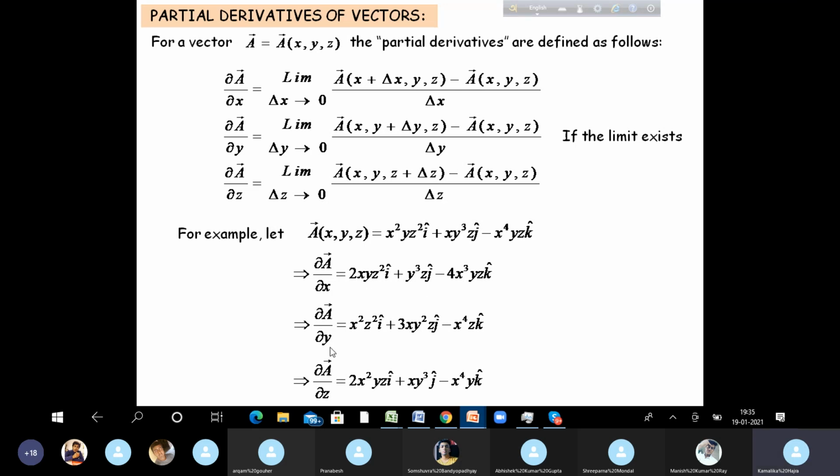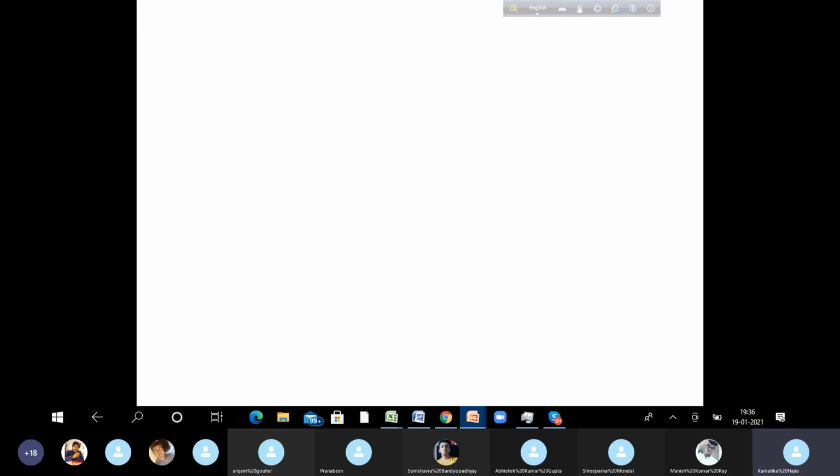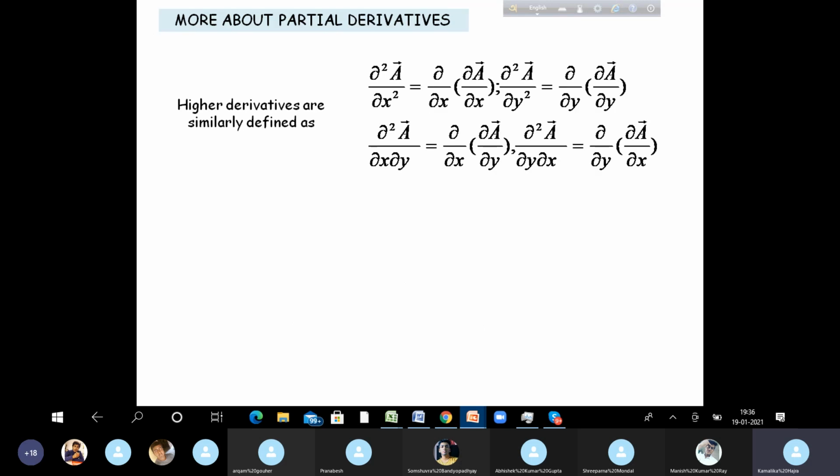Or if you've got del A del y, you can now differentiate this with respect to x, keeping y constant. So once you find out the partial derivative with respect to a particular variable, it doesn't mean that you have to keep differentiating with respect to that variable only. You can use the same function to differentiate with respect to a different variable of which the vector is a function. In this manner, you can get higher derivatives.